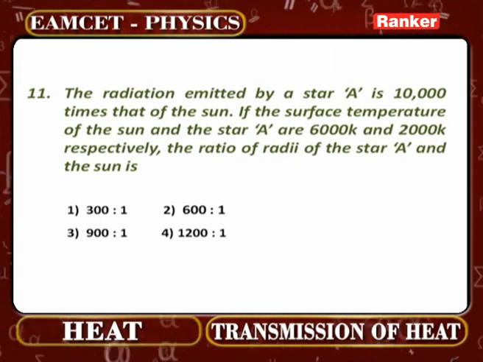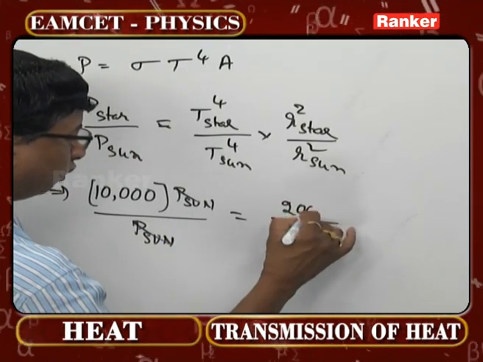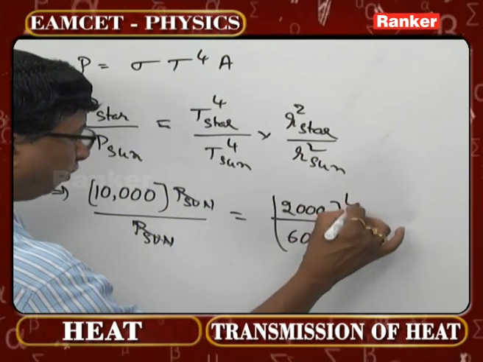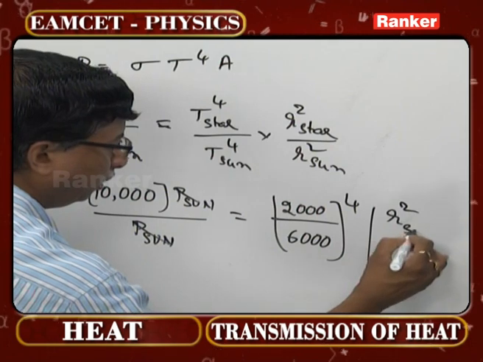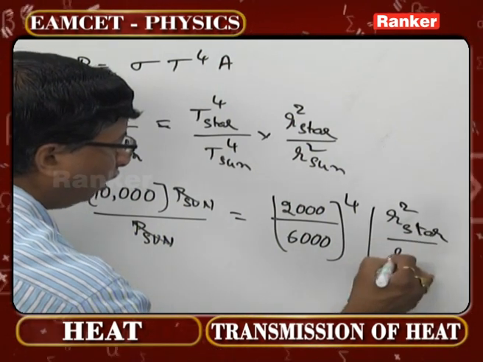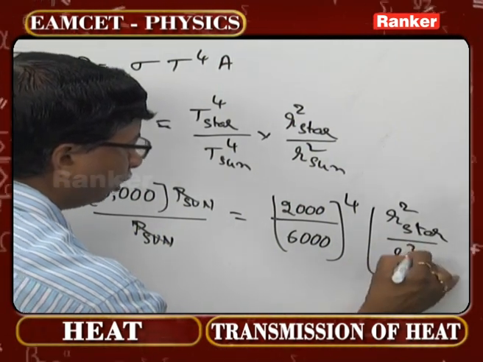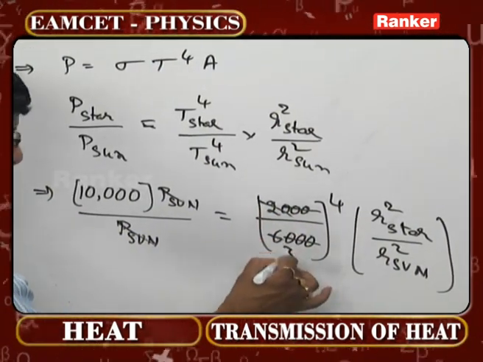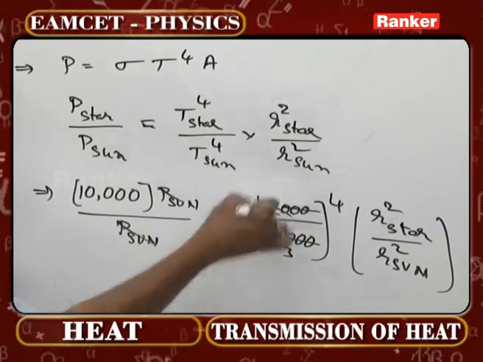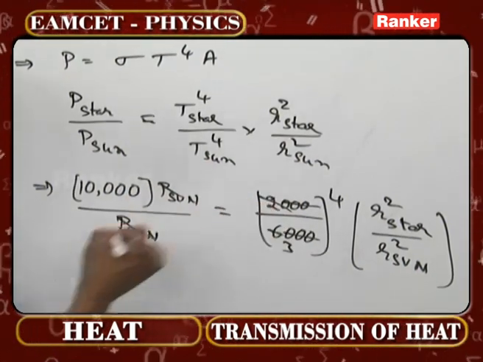So 6,000 here and here 2,000 whole to the power 4 into R star square by R sun square. That is the formula actually we have to take. Now 3 zeros get cancelled and this gets cancelled thrice. 1 by 3 whole power 4. Is it not 1 by 81, please?